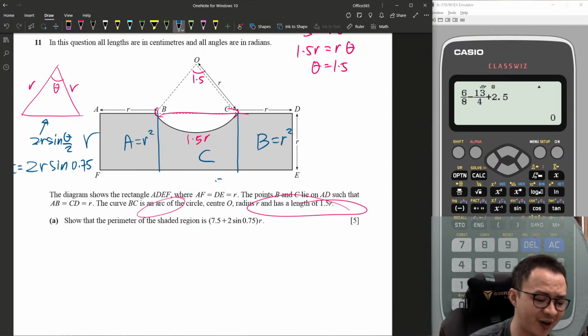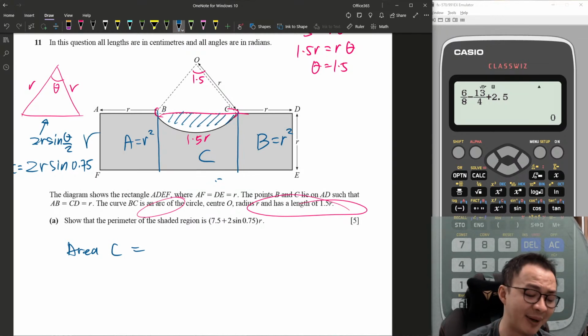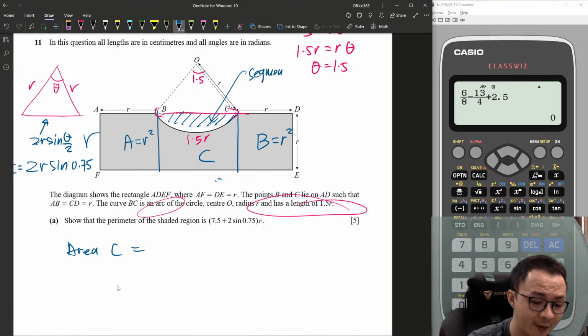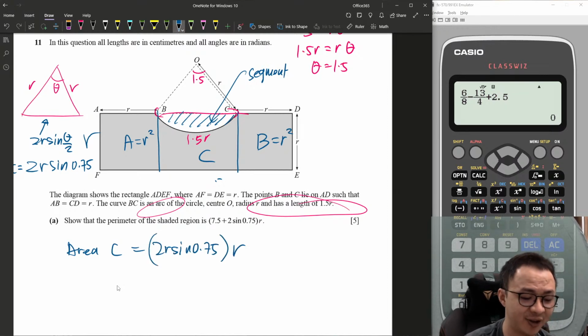Right now I only need to find the area C. This area C is basically a rectangle minus a segment, sorry, this area we call a segment. The rectangle is not too bad, 2r sine 0.75 multiplied by r. Minus the segment. The segment is half r squared (theta minus sine theta).